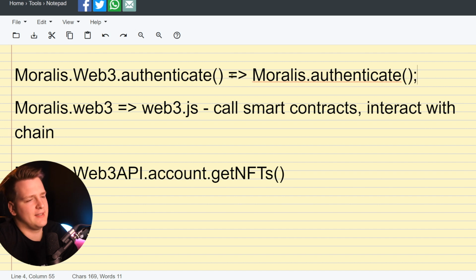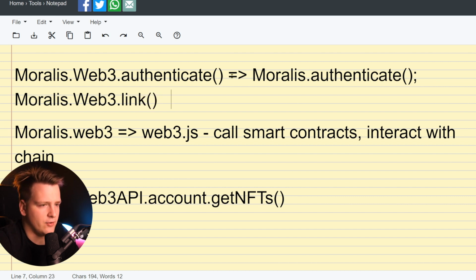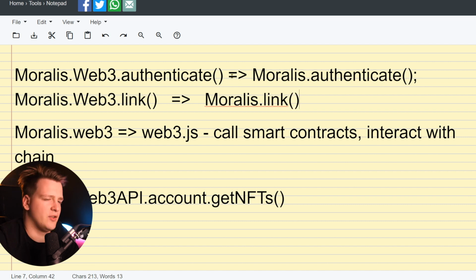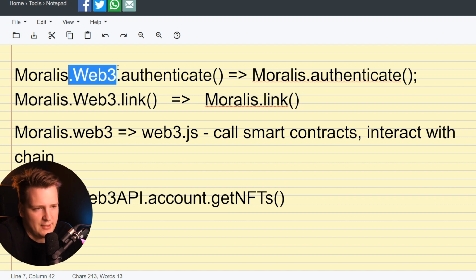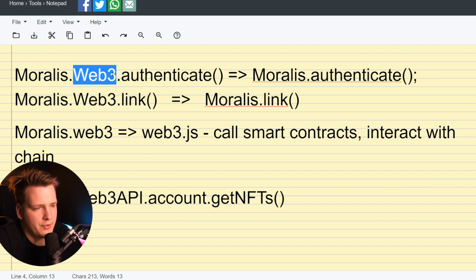But we're taking one step at a time. And for example, very soon, Moralis.Web3.link, for example, to link two addresses into the same account, soon we're going to move it to Moralis.link because we want to remove this capital Web3 because we just want to have .web3, which is the web3.js. So this is a step in that process to eradicate capital Web3.